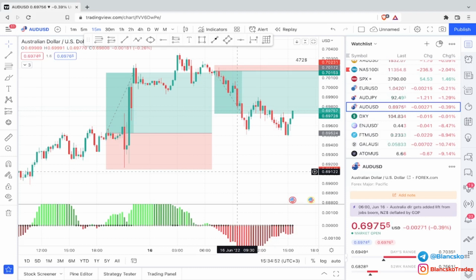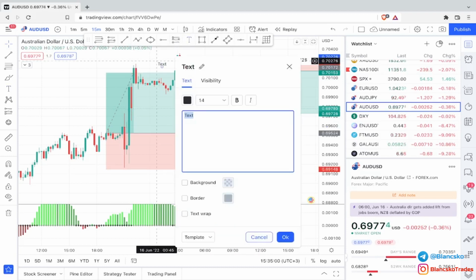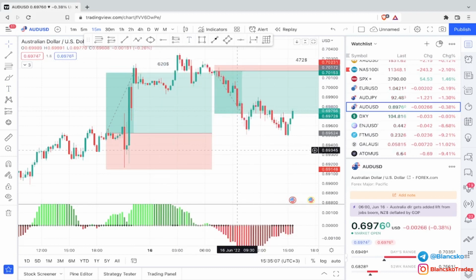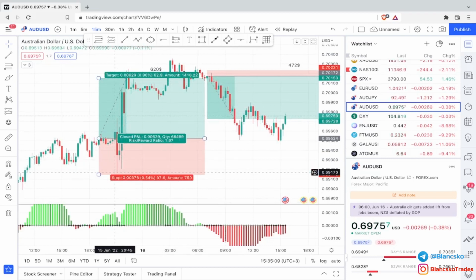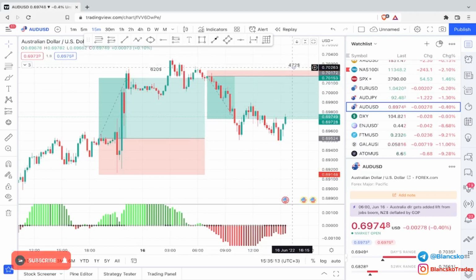With a profit of $650, something like that, or 620. So you would have closed here with a $620 profit, around that. But first it went $372 in the negative if you were to use a one standard lot.